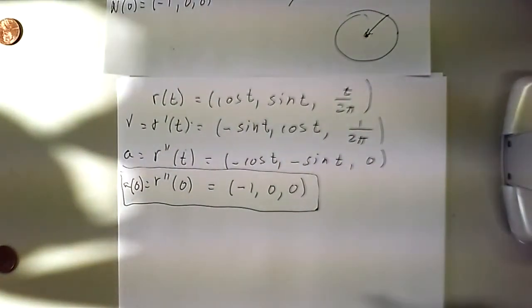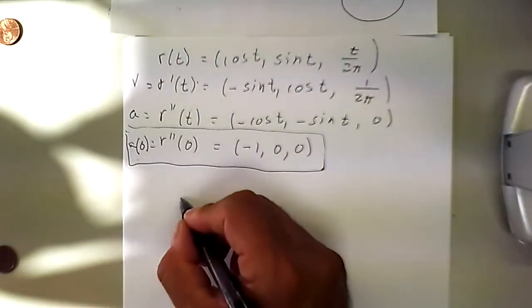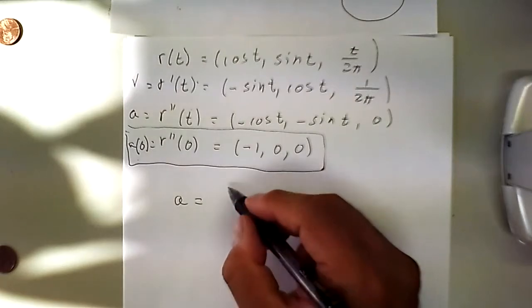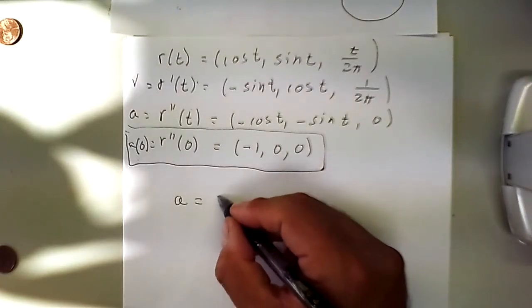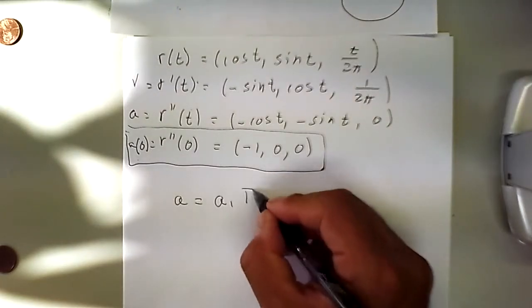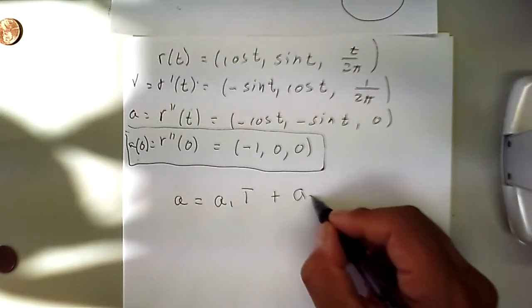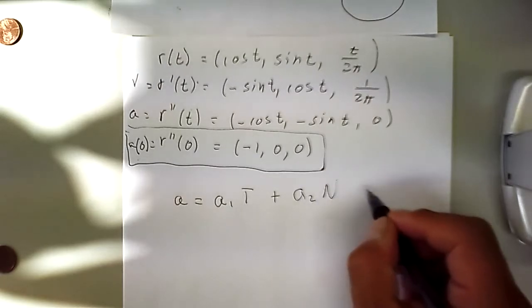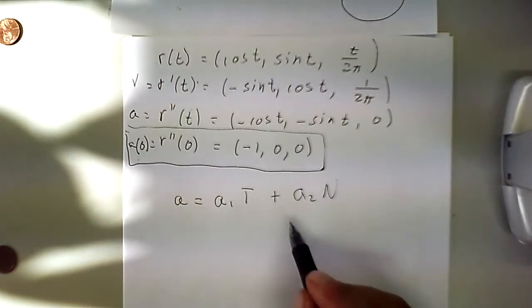But now it gets much more complicated than that, because we want to link the acceleration. In other words, we want to write the acceleration as some scalar times the tangent vector plus another scalar times the normal vector. By doing this, we achieve two things.